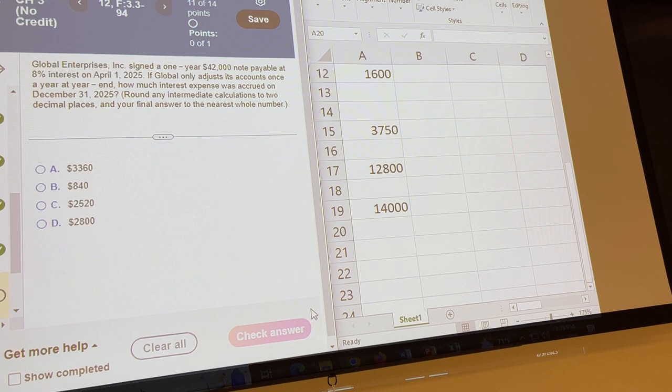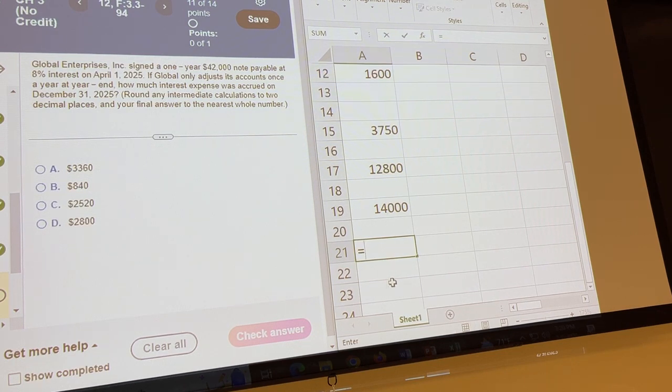Okay, Global Enterprises signed a 1-year $42,000 note payable at 8% interest on April 1st. They only adjust its accounts once a year at year end. How much interest expense was accrued on December 31st, 2025? So, remember the formula for interest expense.